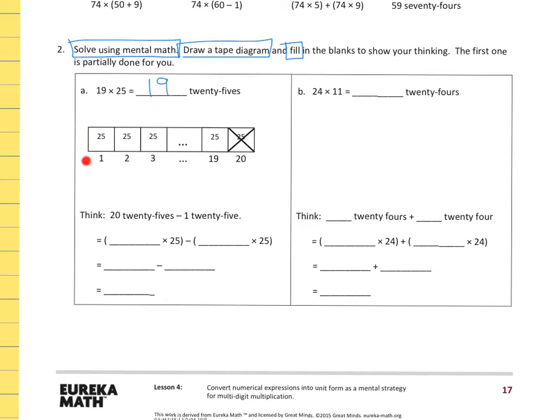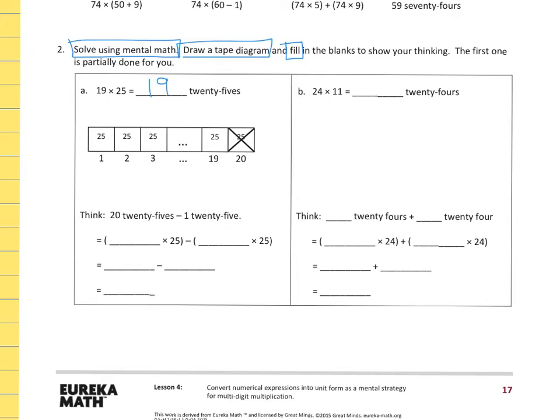So the tape diagram shows you that there is 20, and notice that this box represents numbers 1 through 18, but each box is a 25, and we're going all the way up to 20. So we have 20 25s, and then the X represents taking away a 25, so that we would find out what 19 25s are. It might sound a little confusing, but once we get into seeing patterns, you'll say, oh, this is pretty easy.